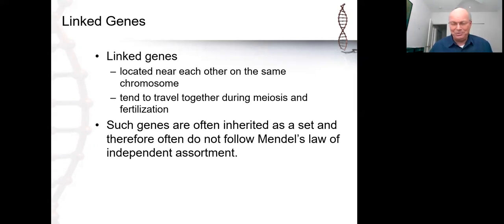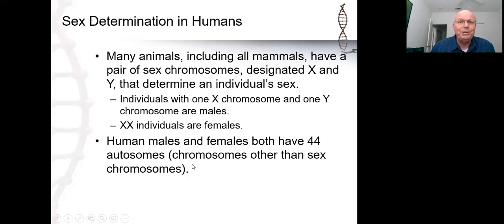Crossing over adds an extra twist to that. Just as it adds an extra layer of genetic variability, so it adds another layer to our understanding of how genes are inherited as a package or not as a package, as the case may be.